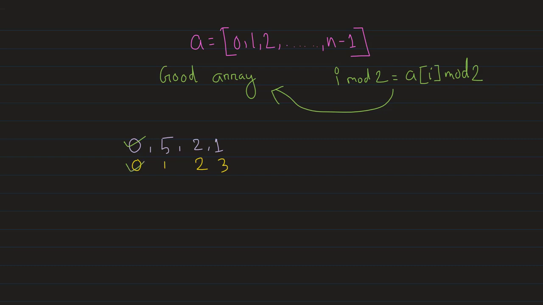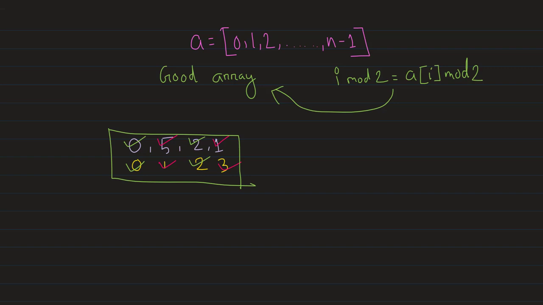The next element is odd and the index is odd. Now the next element is even and the index is even, and the next element is odd and the index is odd. All the parities of the index and the element at that index match.